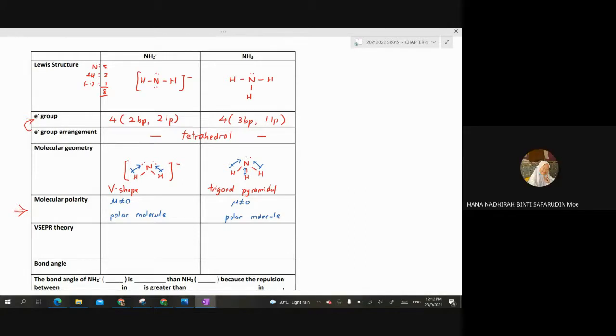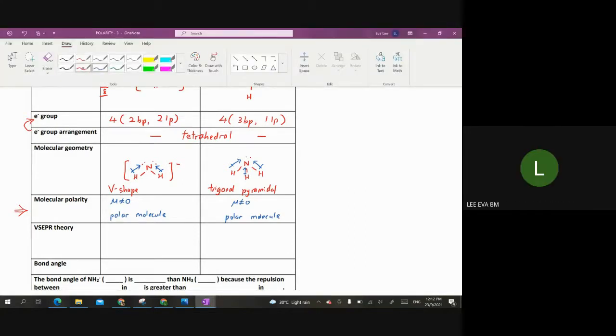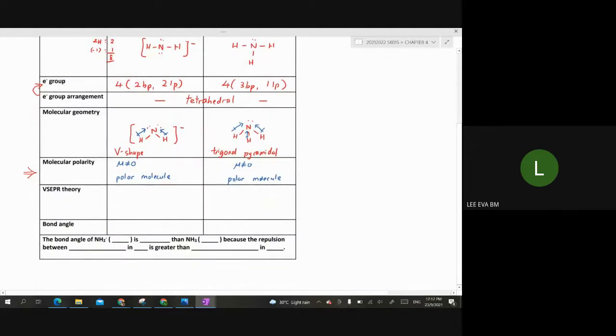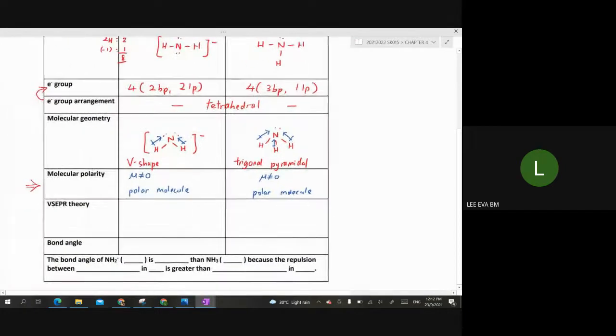Yes. Okay, so we continue with VSEPR theory, coming to repulsion. For NH2 negative, what will VSEPR theory say? 2 lone pair and 2 bond pair. We know there are 3 categories. NH2 negative has 2 lone pair, so there must be repulsion between these 2 lone pair.